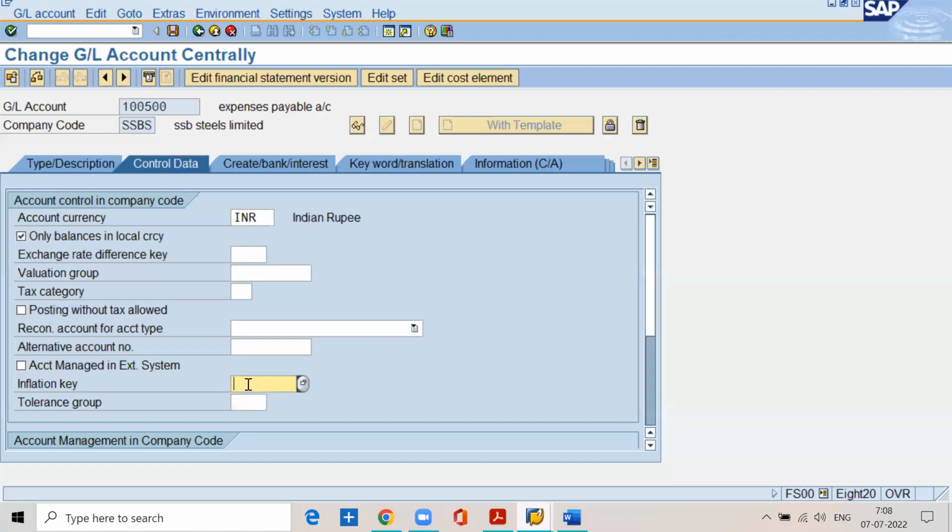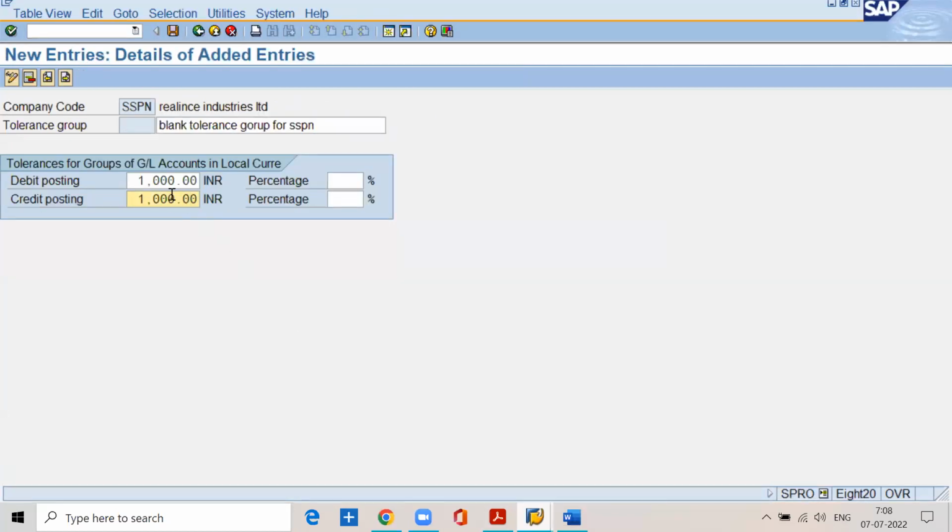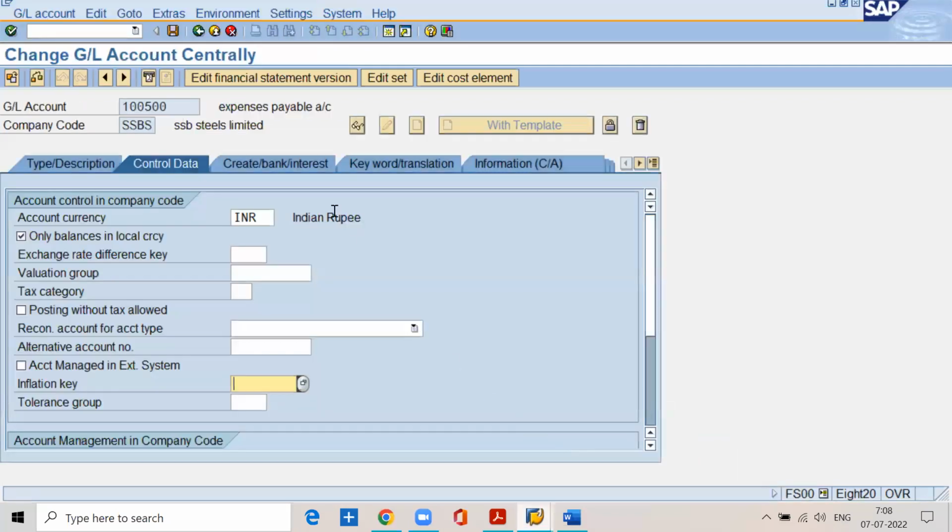That means the values of the blank tolerance group, 1000, is applicable to the balance in this account. And this tolerance group also is to be mapped to the particular GL account only, right, sir? Yes. GL account 1,500,000, expense payable account, here we have to assign. Suppose if you assign A, 100 rupees is applicable to the balances in this GL account. Suppose if you don't assign anything, you are keeping the field blank, means blank tolerance group. Clear, sir.